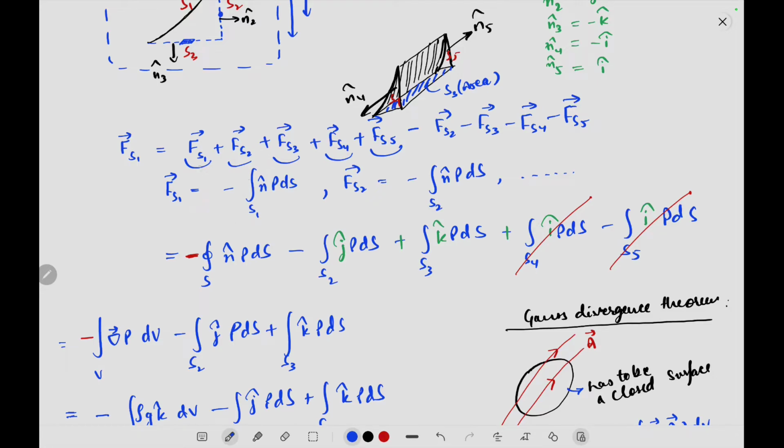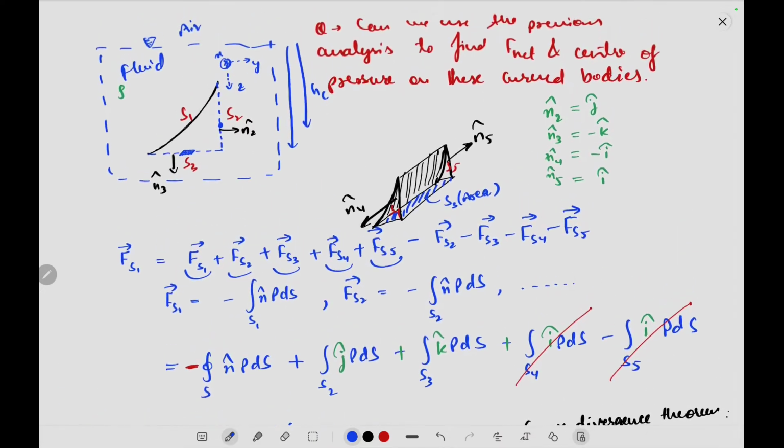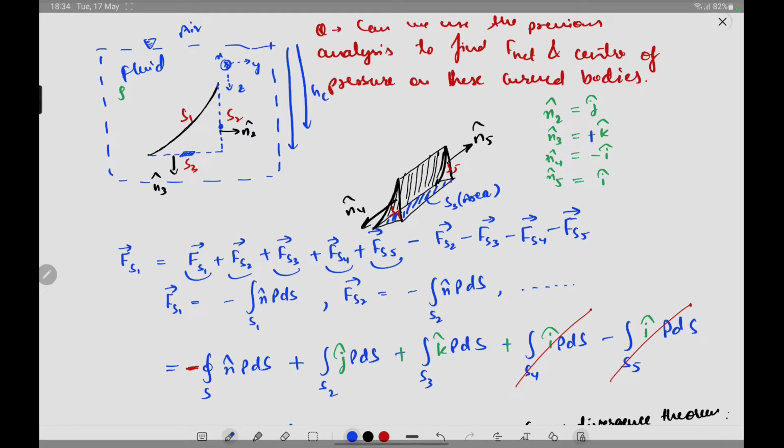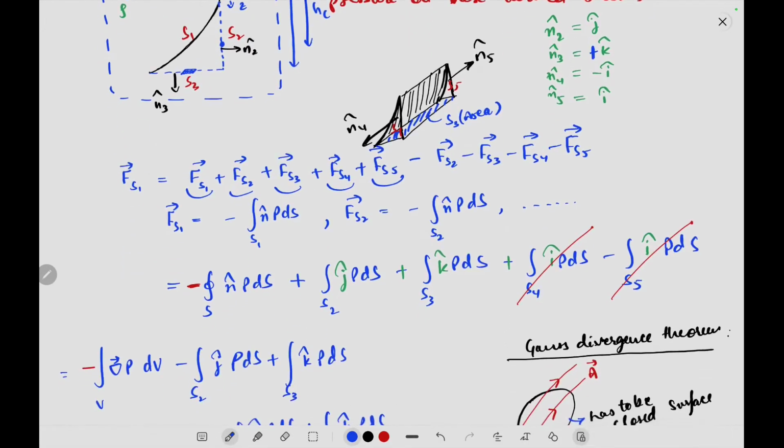So this would become minus over n hat, minus over n hat, so this was correct. Then it was minus FS2 and FS2 was negative itself. So this should be overall plus. Is it correct or not? Just think about it. And also this is positive Z and N3 is in the positive Z direction. So then this is plus K hat and not minus K hat.